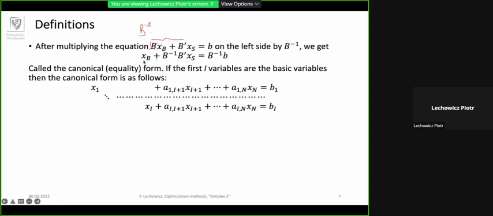So we can express it in such a form. Here we have our set of basic variables, and we have some other matrix, which is the multiplication of the inverse matrix of the basic matrix and the matrix formed from the remaining coefficients for free variables. And here we have the inverted matrix multiplied by the free coefficients.